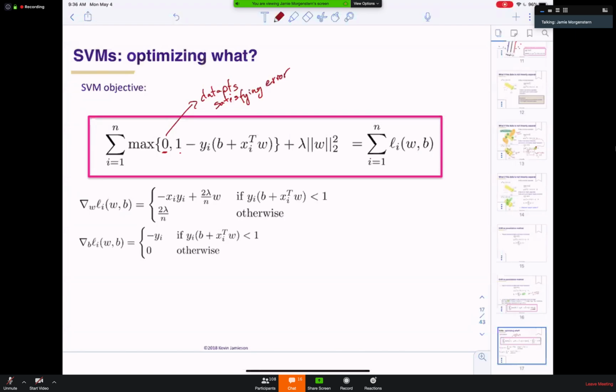And for the data points which are not satisfying the margin, we get some penalty which depends upon how much we're violating the constraint, for violations of the margin.